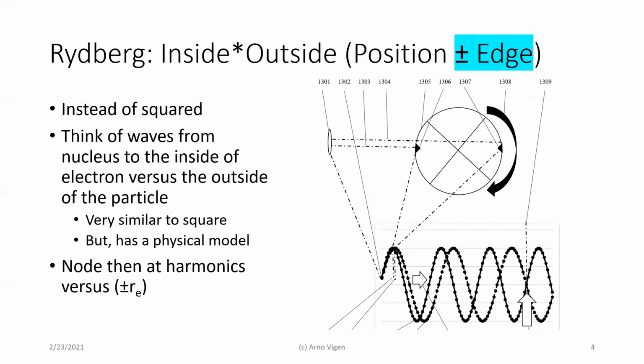And that is that it is the inside versus the outside distance. That is the position, the distance, plus the edge r sub e or minus the edge r sub e. If you think about that, those two will create different waves.